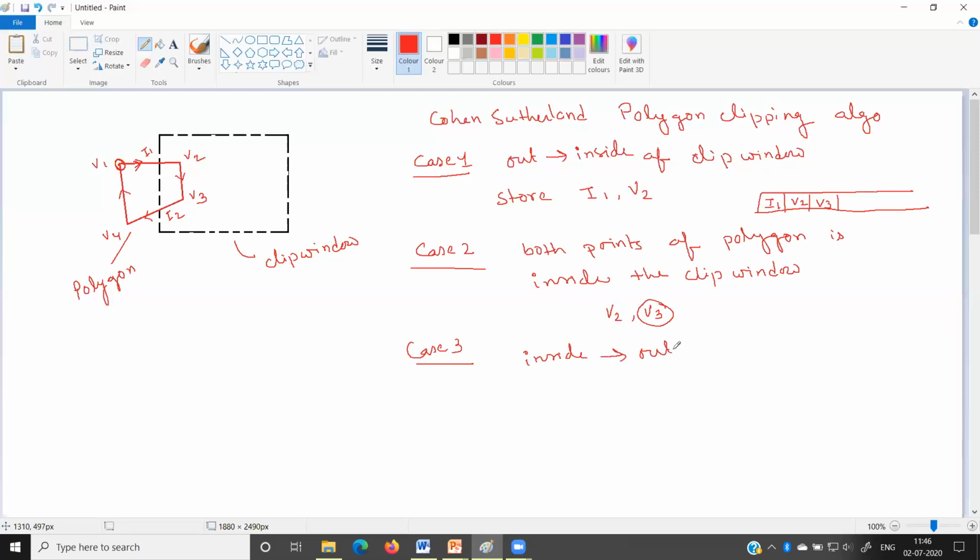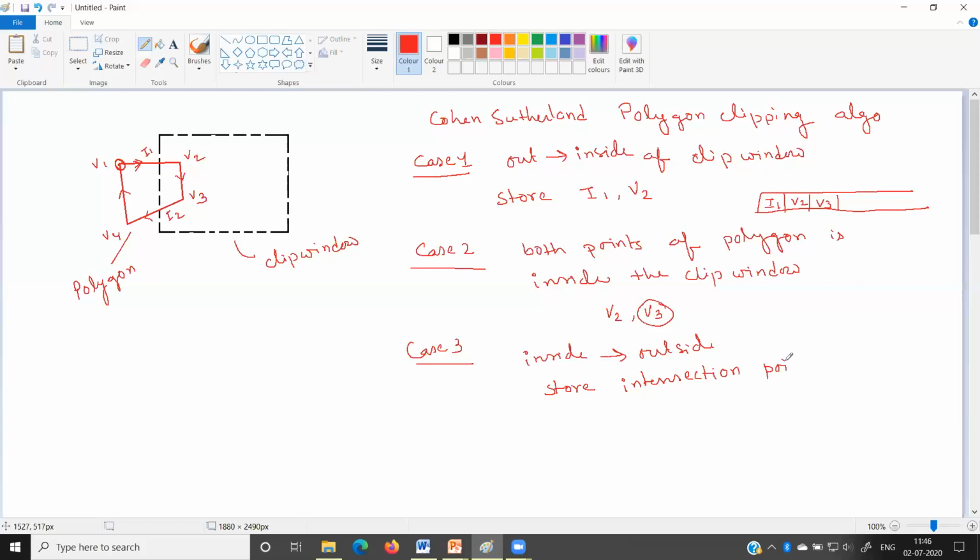So if the traversal is in this direction, from inside the clip window to the outside of the window, in that case you have to store only the intersection points. If the traversal direction is from inside to outside, then store intersection points only.